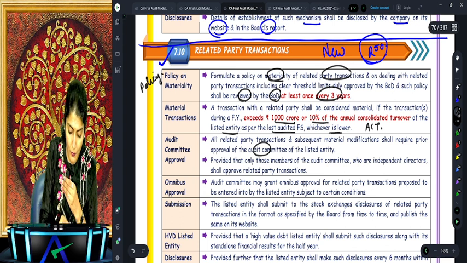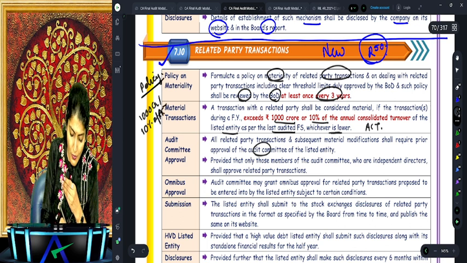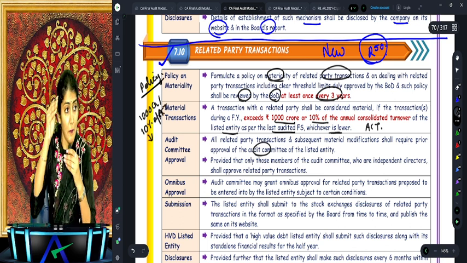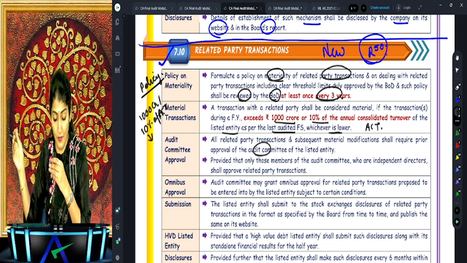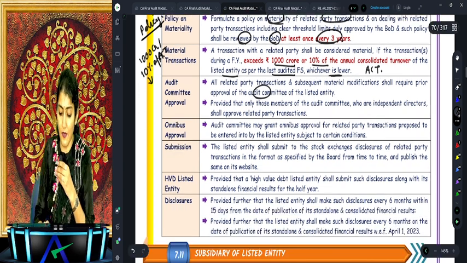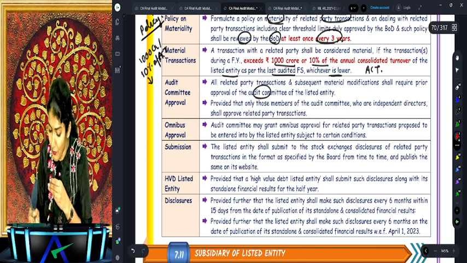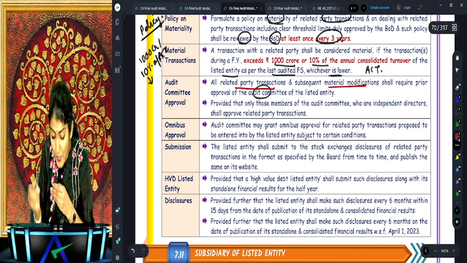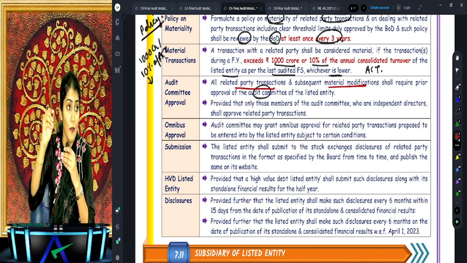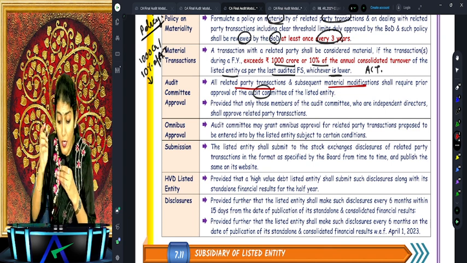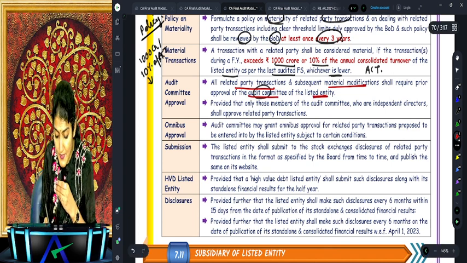Then by default, what does the law say? If it exceeds 1,000 crore or 10% of the ACT, whichever is lower, it shall be considered a material related party transaction. Then all related party transactions and subsequent material modifications, not only the transaction but any modification to the transaction, will require the prior approval of the audit committee of the listed entity.